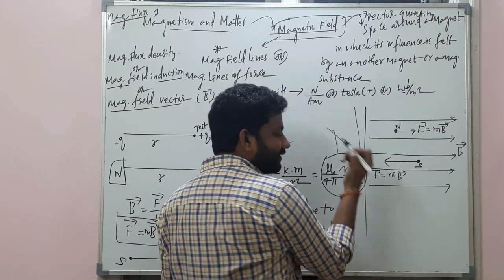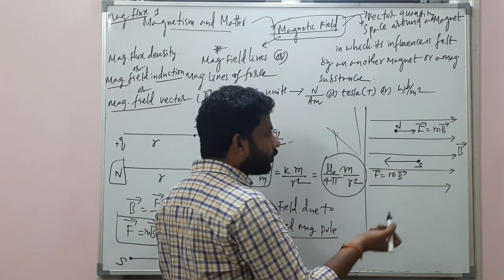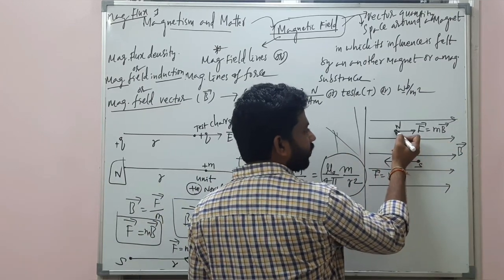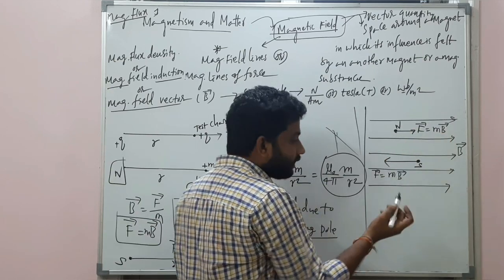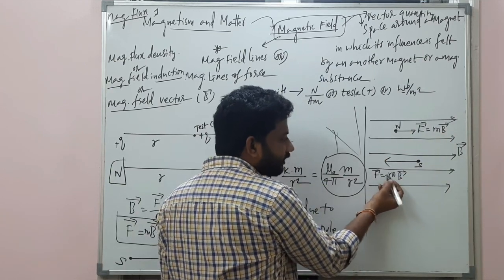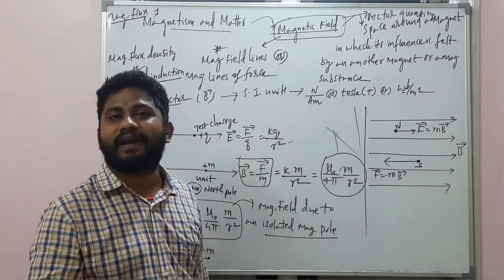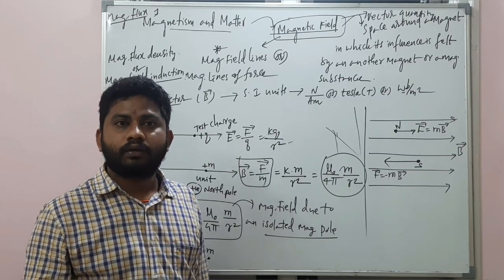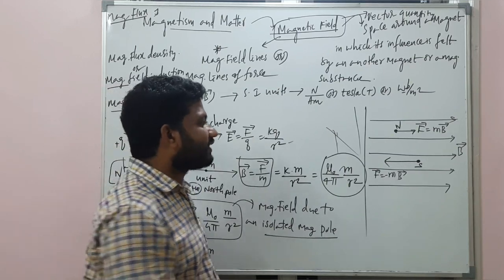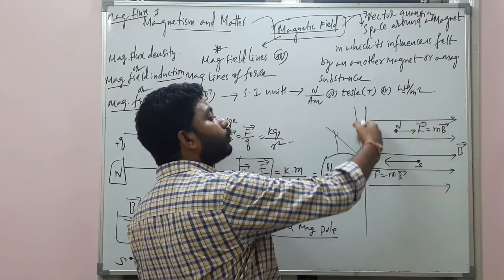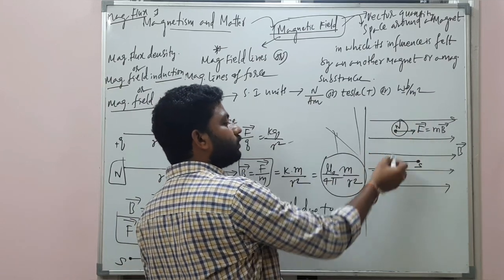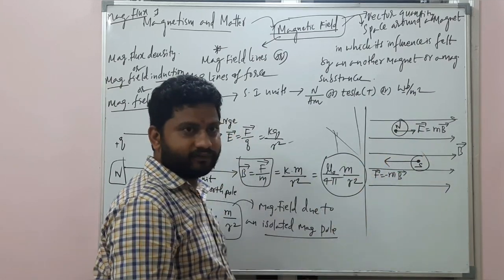Anyway, this pole strength is a scalar quantity. A north pole will have positive pole strength and the south pole will have negative pole strength. If you want, you can write minus also. Okay, clear? So this is about when you place the magnetic poles in an external magnetic field.